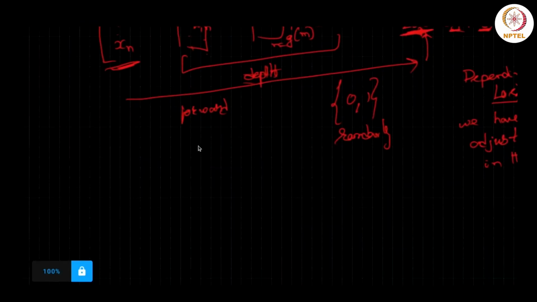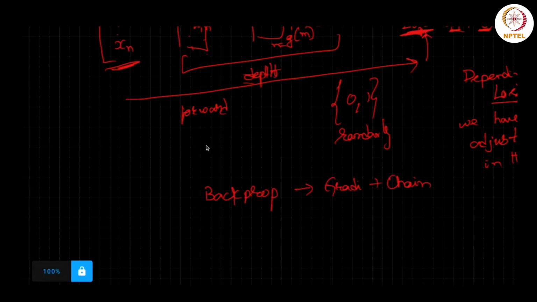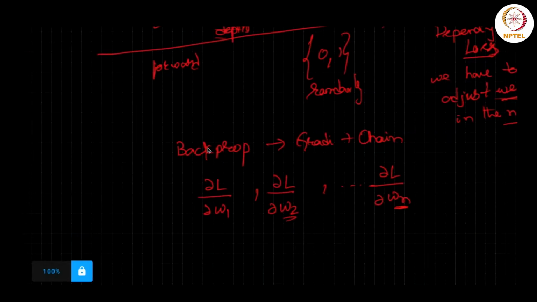So backprop is a combination of gradient calculation and the chain rule of these partial differentiations, right? Based on this, you can compute how much all of these weights in your network, let's say there are n weights, contributed to this final loss.